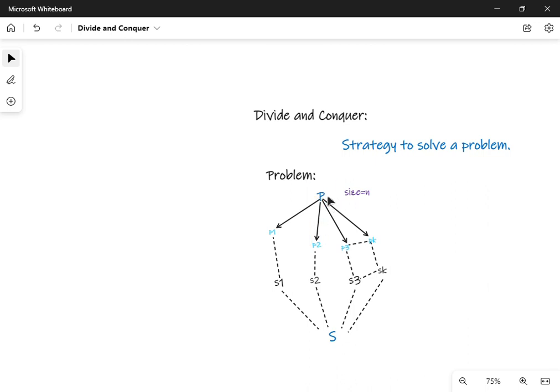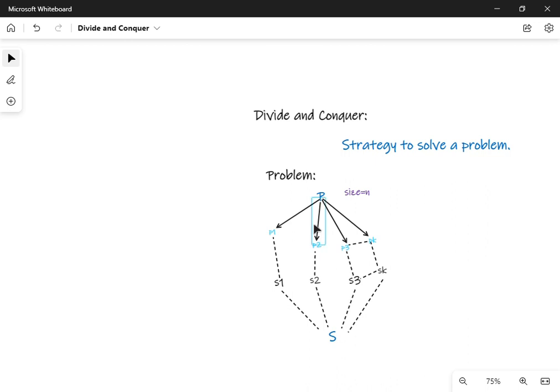We should break the problem into pieces like this: problem P into P1, P2, P3 and then Pk. We break the problem into pieces, so it becomes the subproblems P1, P2, P3 and so on up to Pk.